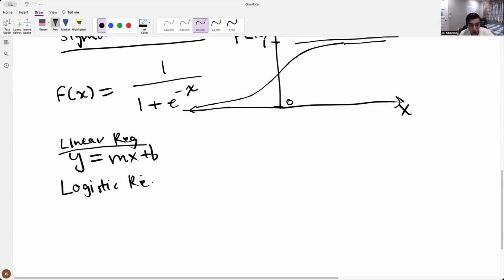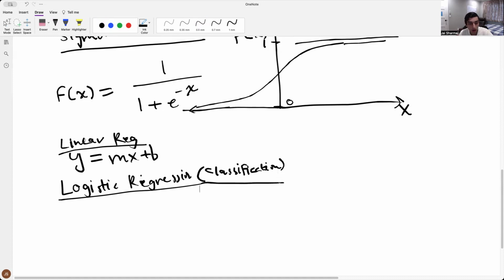I know it's called regression, but that's a misleading name because it's actually used for classification. So I want to put in parentheses that this is actually a classification problem.